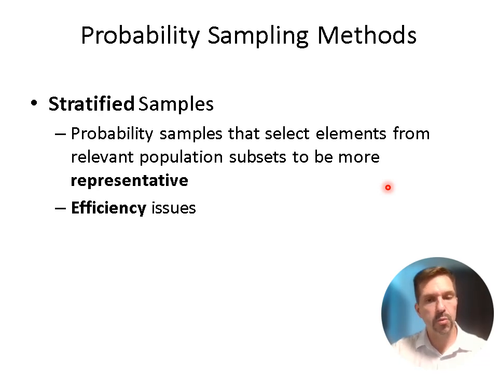Okay, and by doing this, what we're going to try to do, if that relationship is strong enough, is improve the efficiency of our sampling mechanism. Now, this is not intuitive. Okay, so because it's not intuitive, what I want to do is I want to work out some numbers to show you that actually what I'm saying is true.